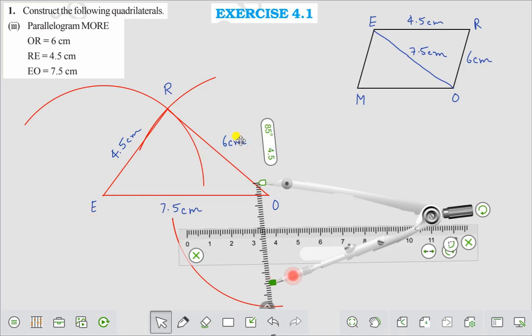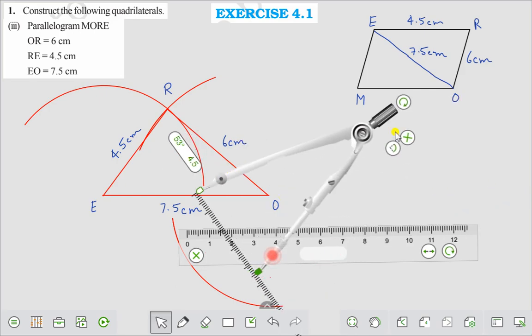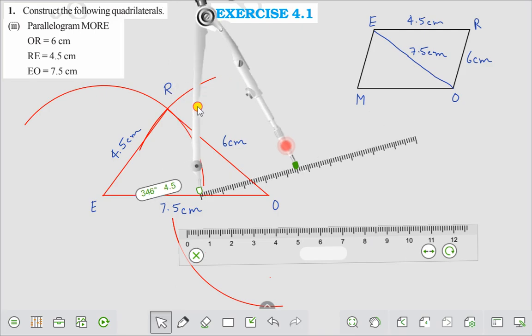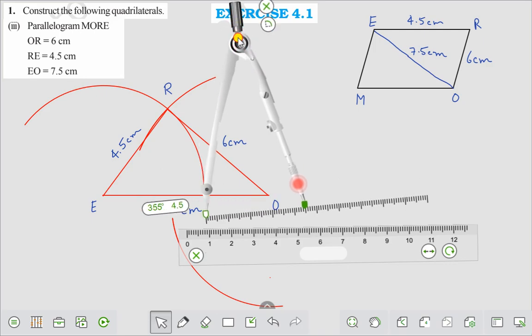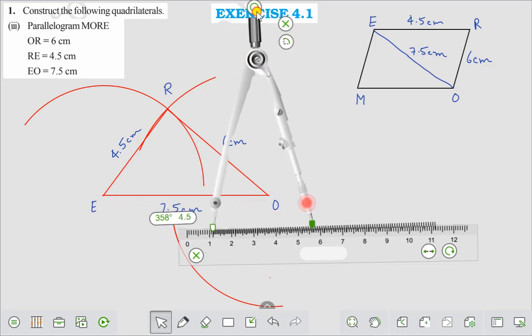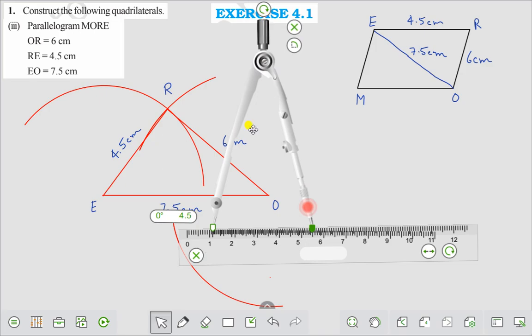Now, you take the opposite side, that is this side, as 6 centimeter. Take this measurement as 6 centimeter.